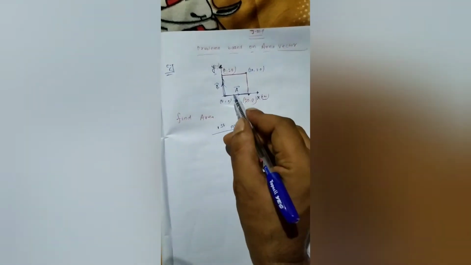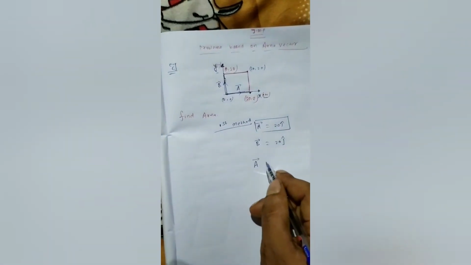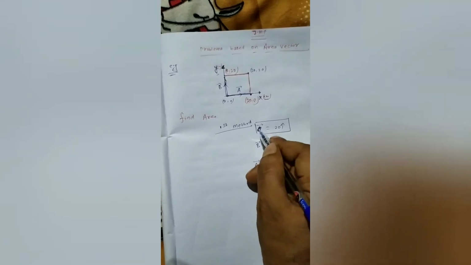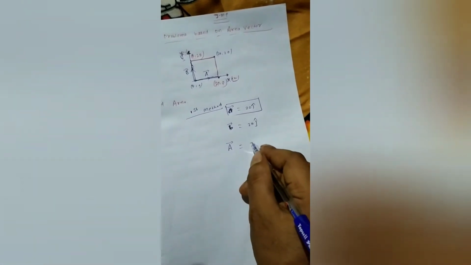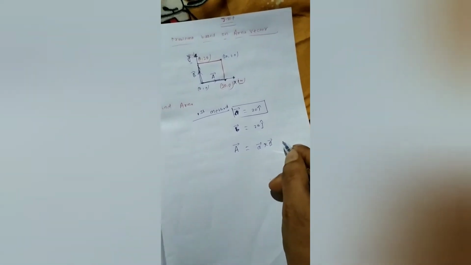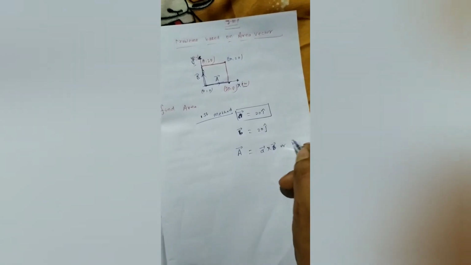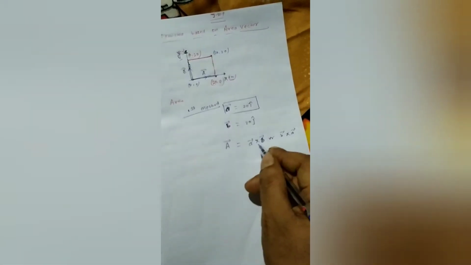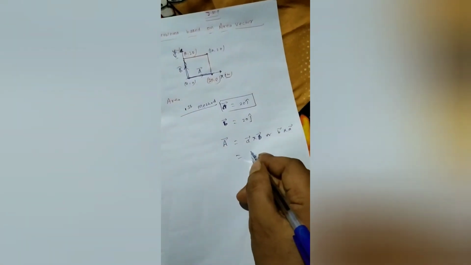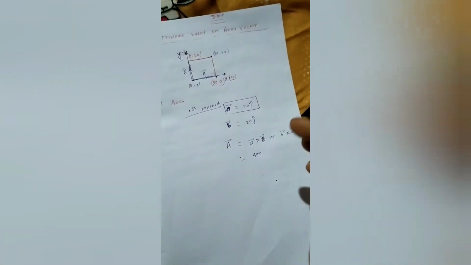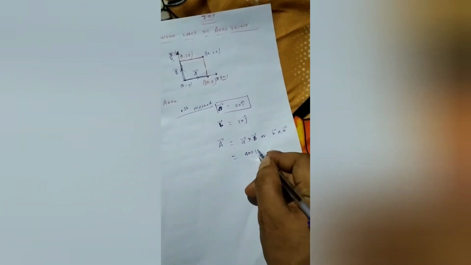We know that the product of these will be the area. So basically the area vector will be, let me make this a small b for convenience, a cross b. Anybody can also write b cross a. It is not specified whether a cross b or b cross a, so we can write either. So this will become 400, because 20 into 20 is 400, i cross j, which means k cap.